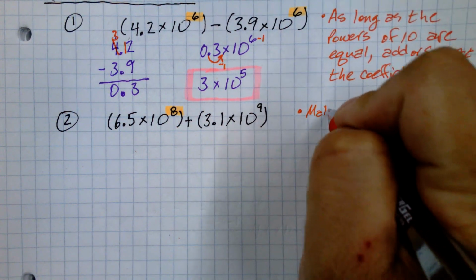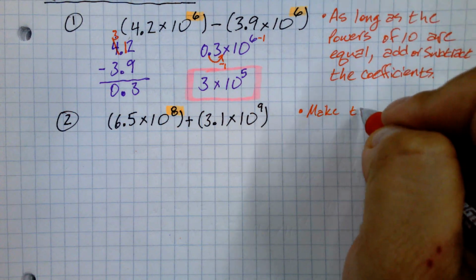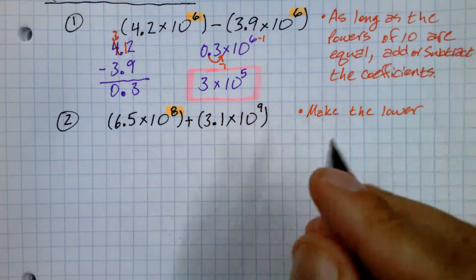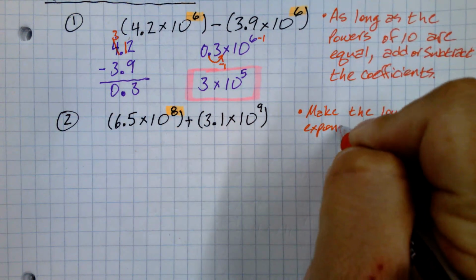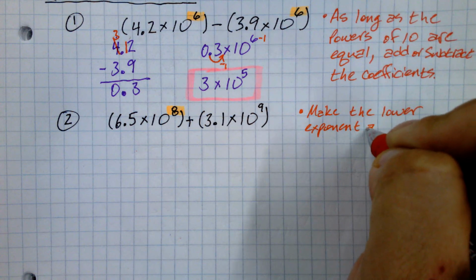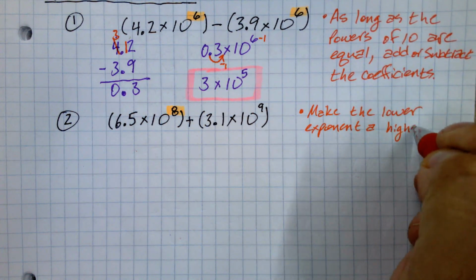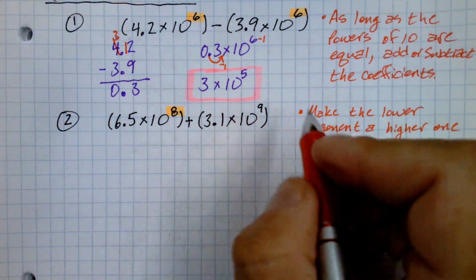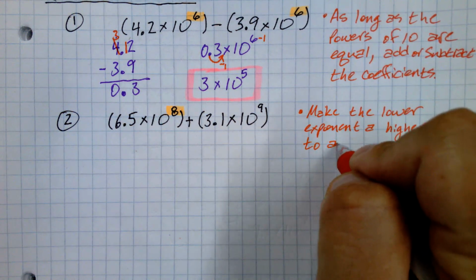Make the lower exponent a higher one to avoid fixing answers at the end.